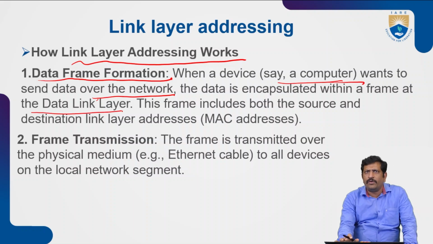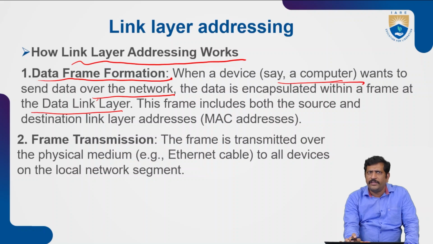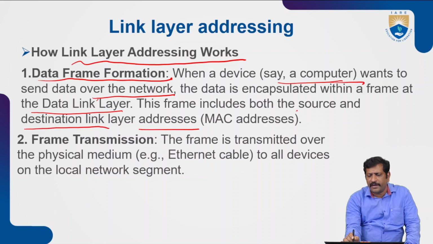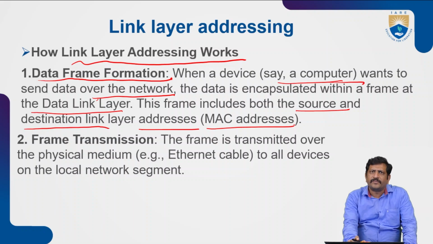That means the data being sent over the network should be wrapped into a single unit, so we can transfer the data from one device to another. These frames include both the source and destination link layer addresses, that is, MAC addresses.